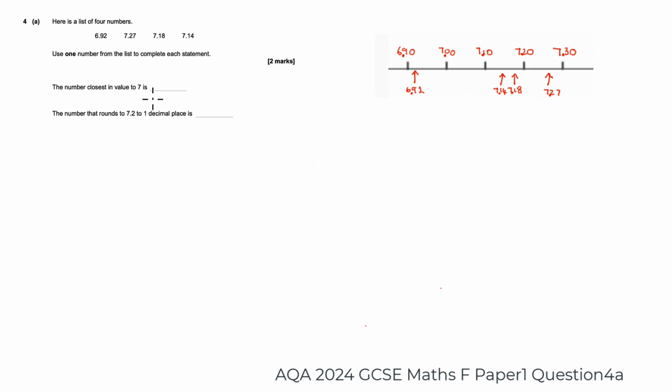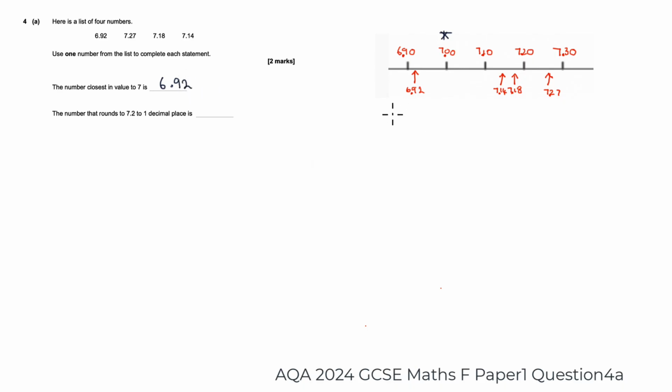The number closest in value to 7, well, there's 7. And 6.92 is certainly the closest to 7.